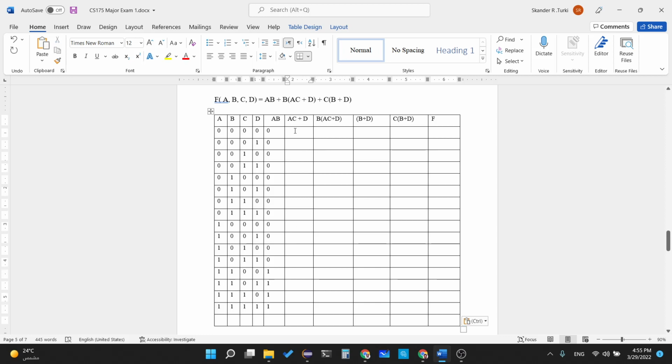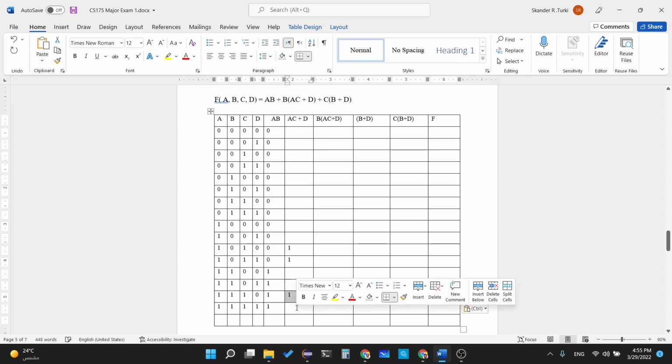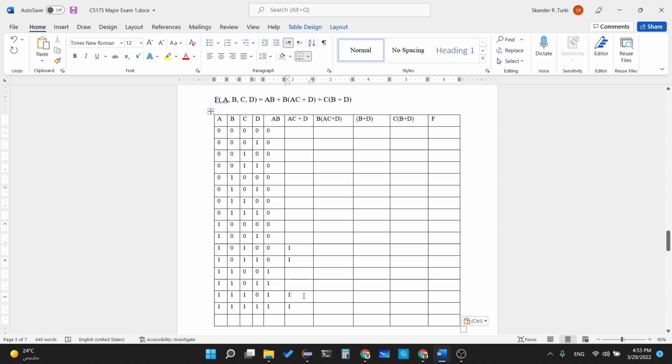A and C or D. So A and C or D, whenever A and C are 1. Where can we find A and C 1? In this line, this is 1, this is 1, and this is 1, and this is 1 because of A and C. And then or D. So it's also 1 whenever D is 1.